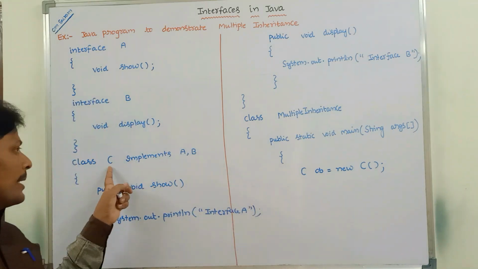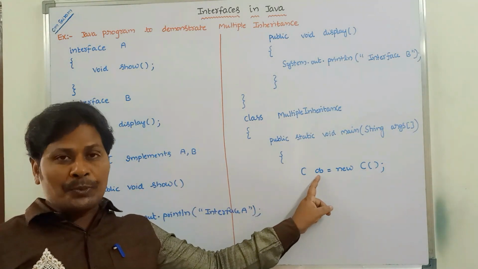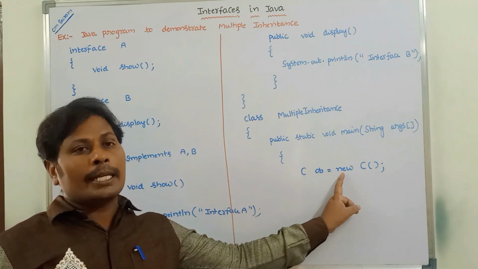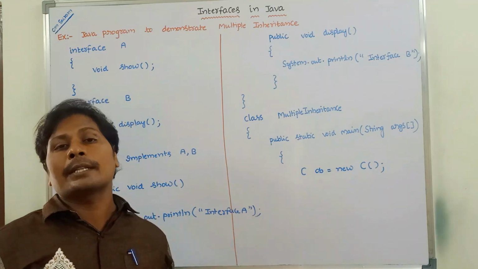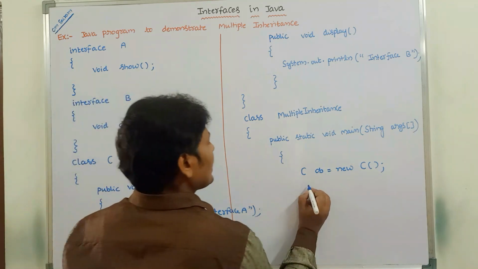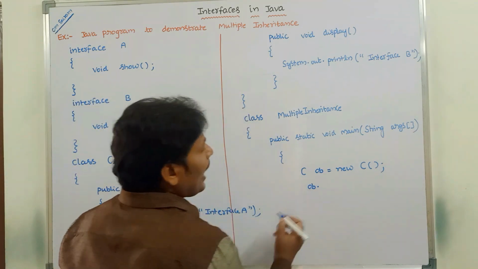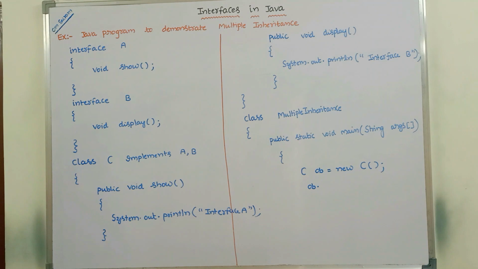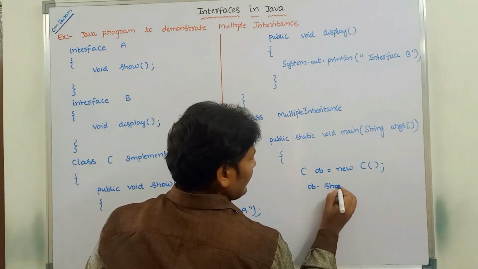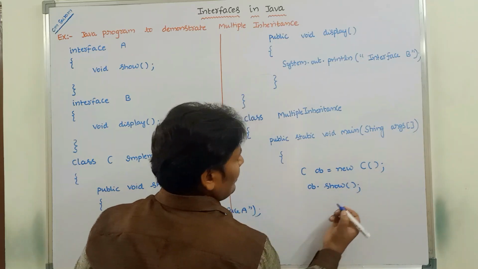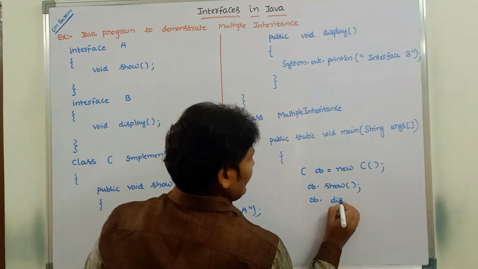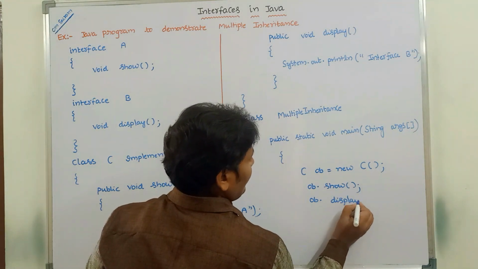Here C is the class name, ob is the object that we created for this class, new is an operator used for allocating the memory for this object, and this is a constructor. Now by using this object, we have to call the methods. Okay, ob.show method. Next, ob.display method.